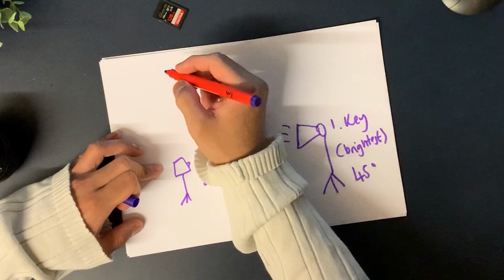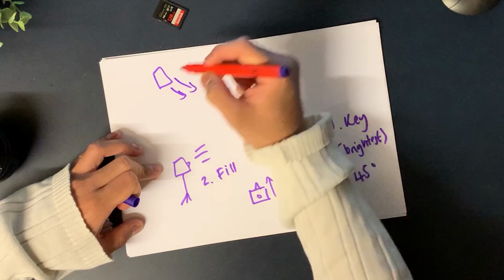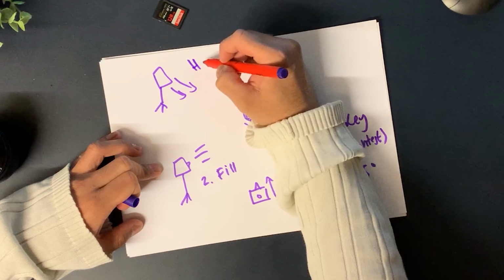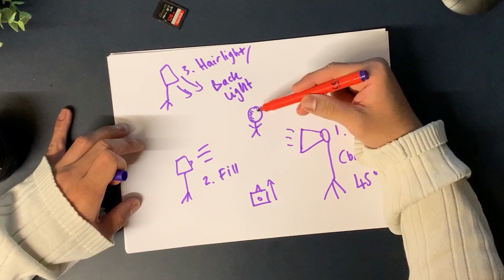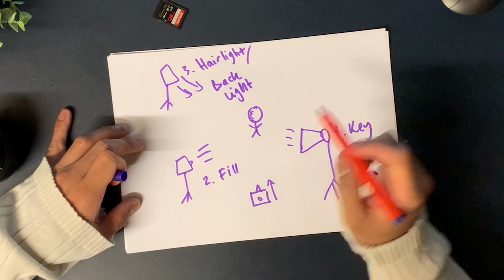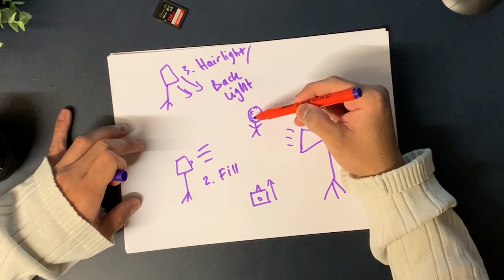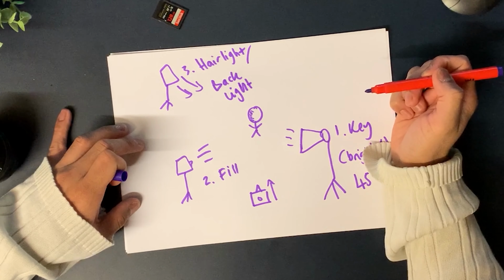The third light over here at the back is going to be called your hair light, or some type of kicker light. So the first one is your key light, which hits your subject as the main light source. The second light, if you want one, is a fill light, which fills in those shadows and doesn't make it as contrasty or dramatic.